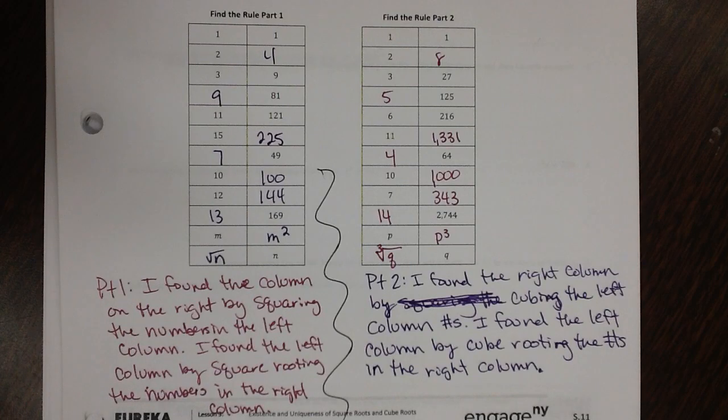So the properties, we're going to be looking at rational numbers as we move on. And rational numbers are just numbers that have a terminating decimal or terminating number.